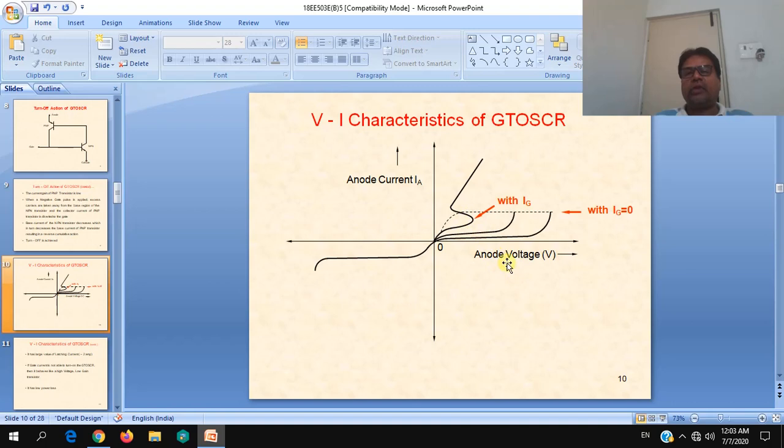And when we want to turn it off, obviously we will remove the positive gate voltage and apply reverse voltage between cathode and gate, that is negative voltage between cathode and gate.